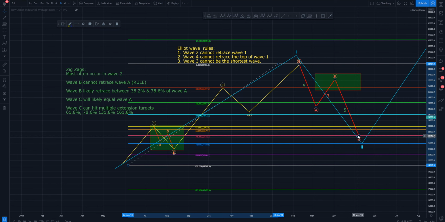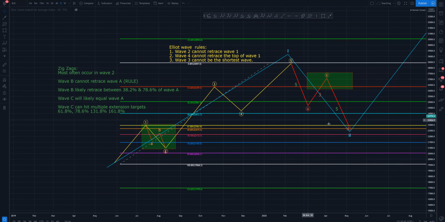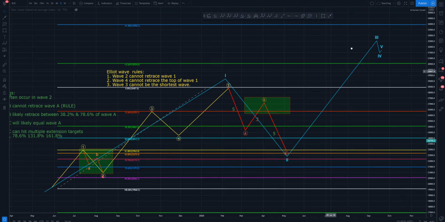So you could say, alright, you'd be expecting to find the C complete here, which would complete the wave 2. And then you can observe all the same rules we were just talking about, and extra bits of guidelines and help, the channel to find the C, the wave structure, whether or not we invalidate what could be a wave 1 down with a wave 4 up, and all those other things that you should go back and watch and listen to again. And this would confirm where you are in the greater trend.